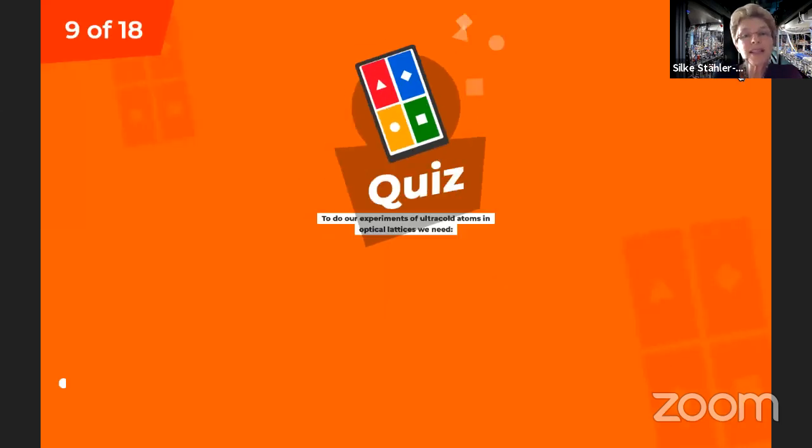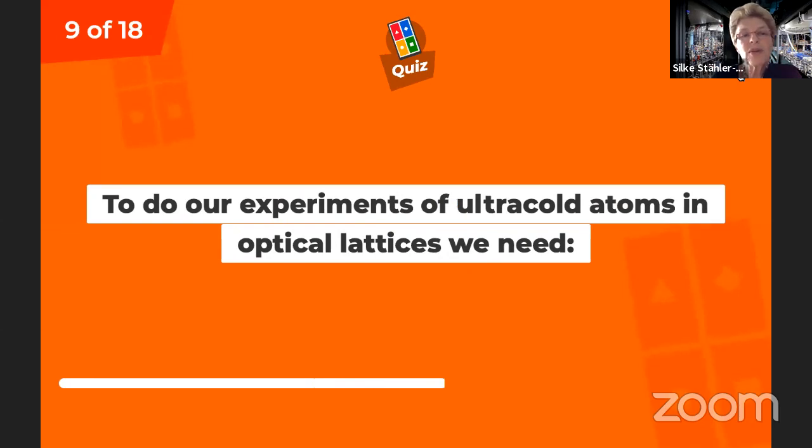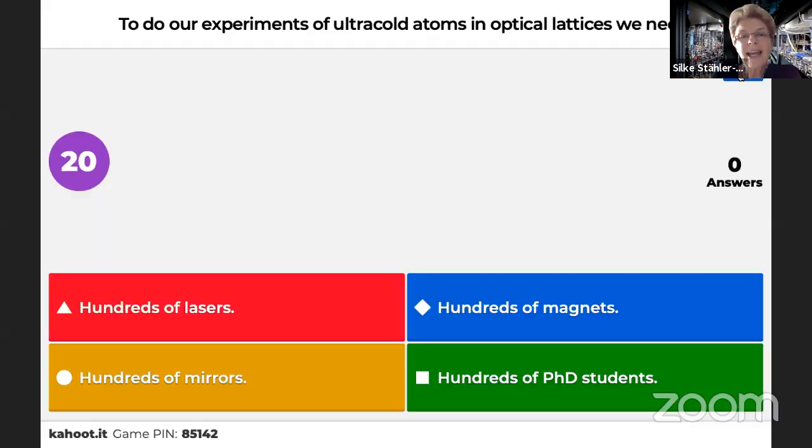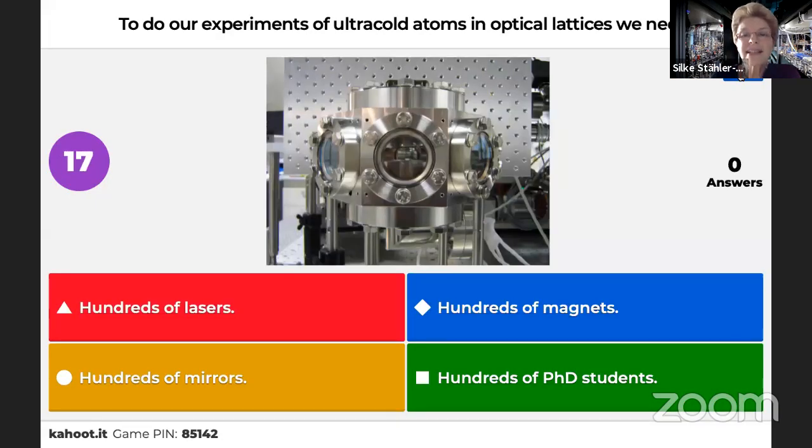So let's continue, question 9. To do our experiments of ultra-cold atoms in optical lattices, what do we need? I hope you find the right answer.